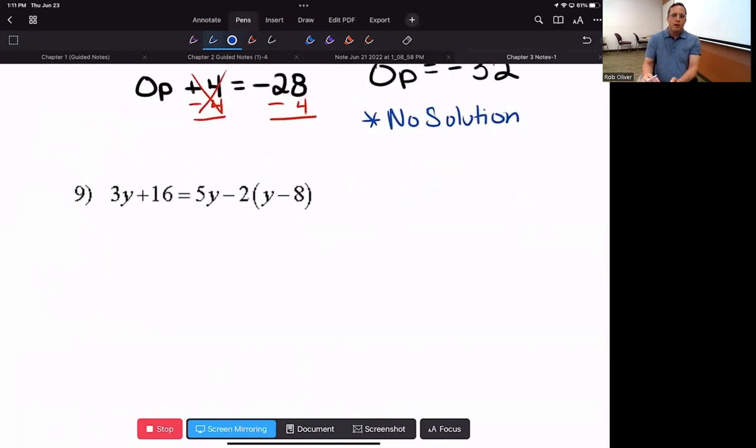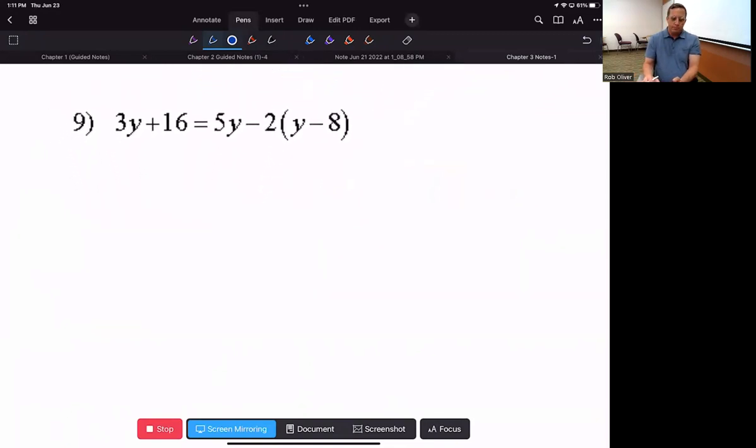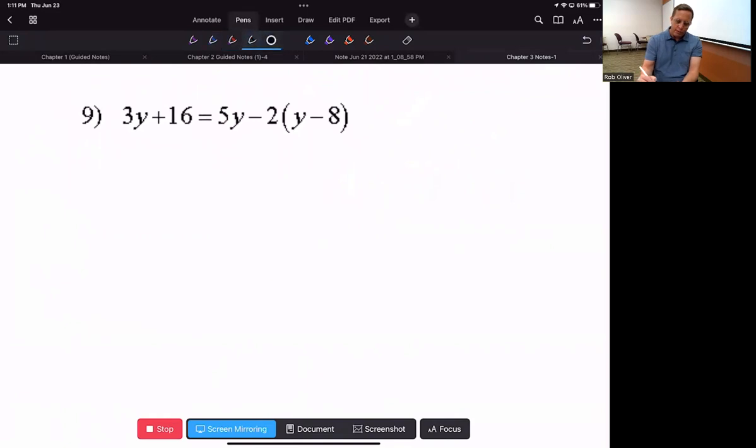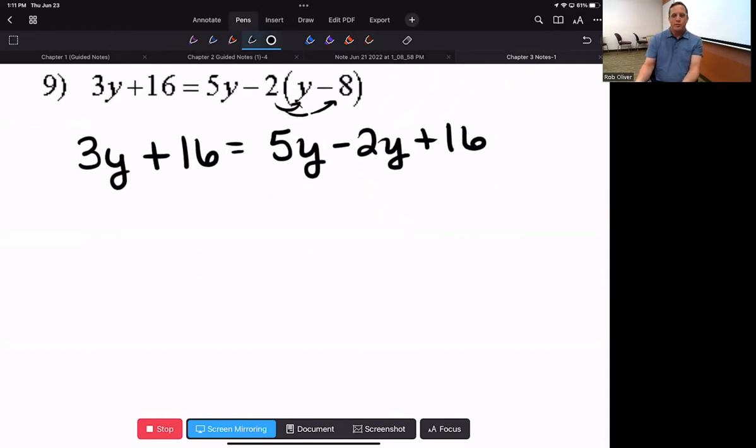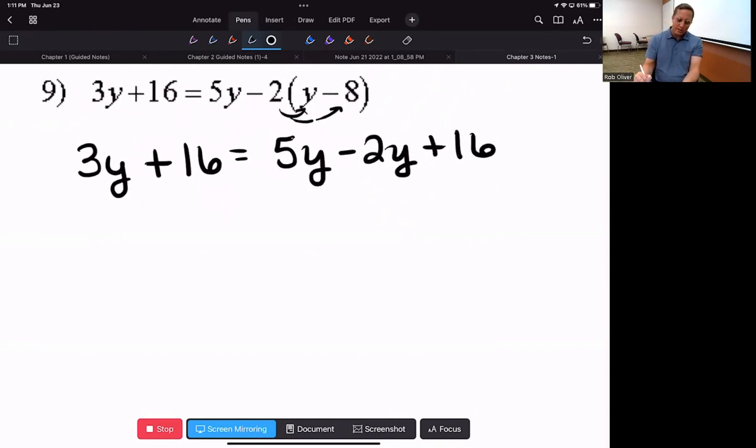Okay. Right here in the next example, let's go ahead and just go through solving this. So we have 3y plus 16 equals 5y, and we're going to distribute negative 2. So negative 2 times y is negative 2y, and negative 2 times negative 8 is 16. So now we have 3y plus 16 equals 5y minus 2y plus 16.